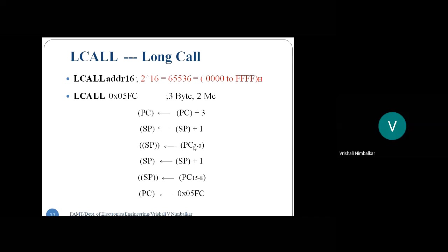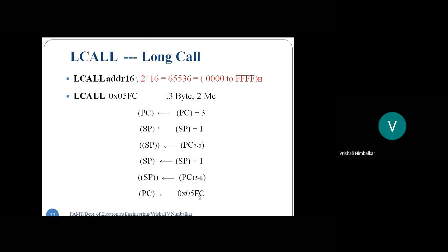The program counter's lower address is saved on the stack. Again, the stack pointer increments by 1, and at this new location, the higher return address is saved on the stack. PC 15 to 8 means the higher return address is saved on the stack. And see, it is a long call instruction, meaning you have given a 16-bit address. So that 16-bit address as it is gets loaded in the program counter.